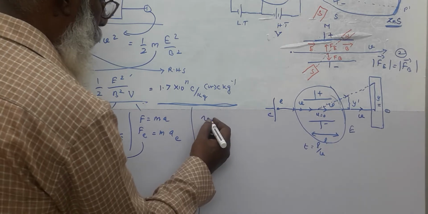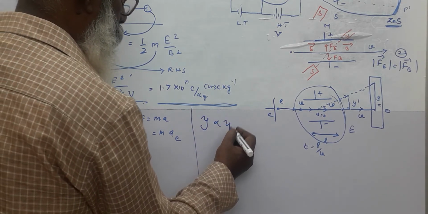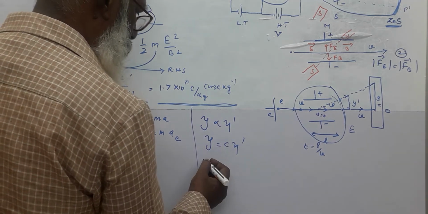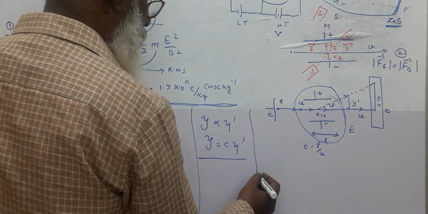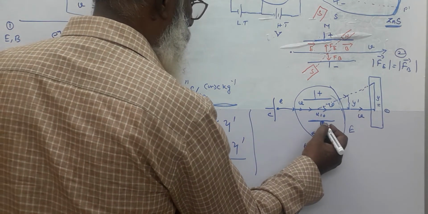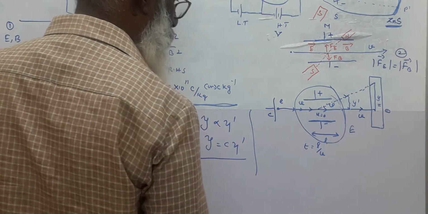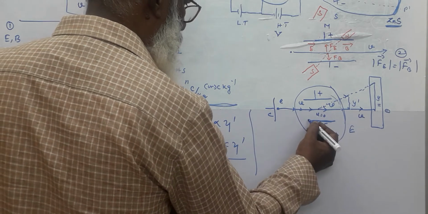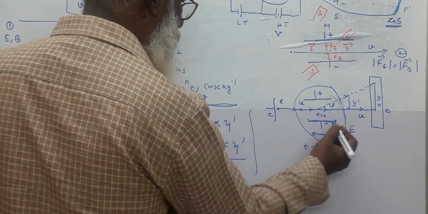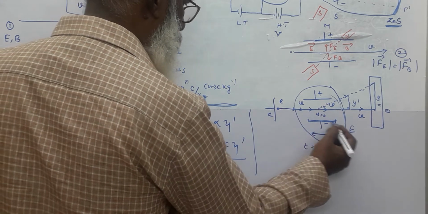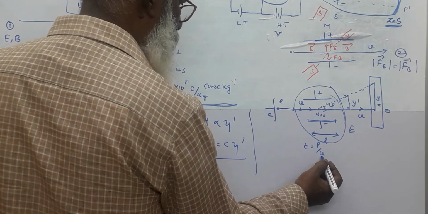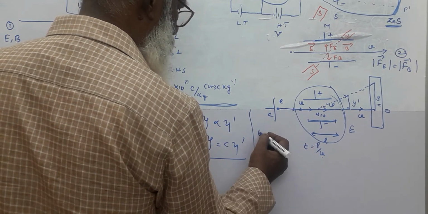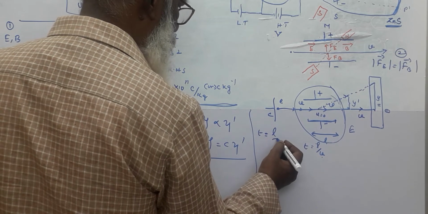Here the displacement y is proportional to y dash, or y equal to c into y dash. That's a very important question. The second thing: if you consider the length of the plate as L and the velocity of the electron as v, the time taken to cross this plate, with distance L and velocity v, is t equal to L by v.